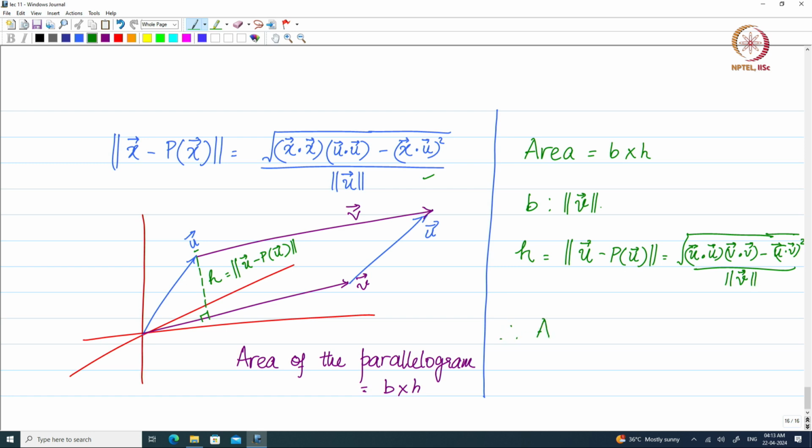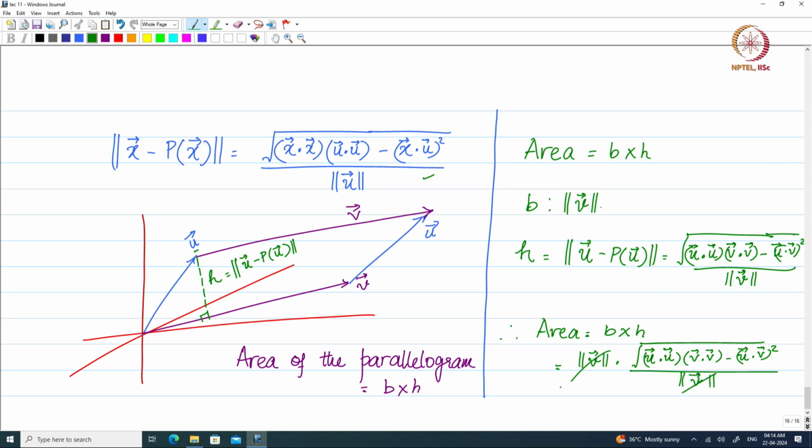Therefore, the area is base into height, which is nothing but the length of v into the square root of u dot u into v dot v minus u dot v the whole square, divided by the length of v.